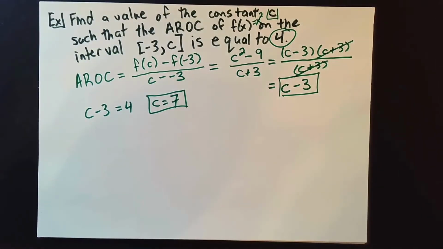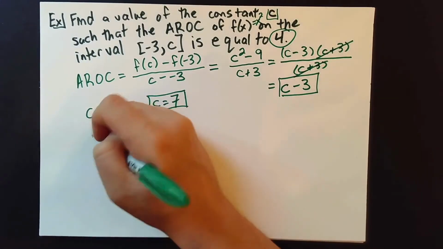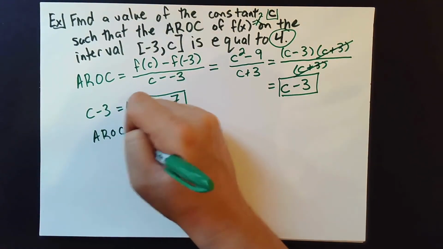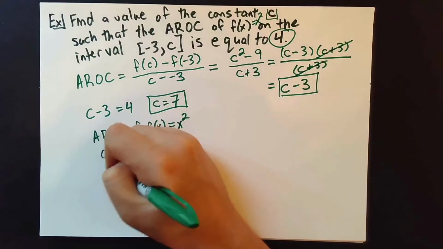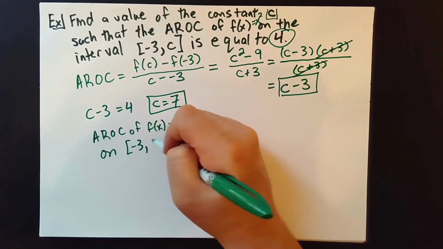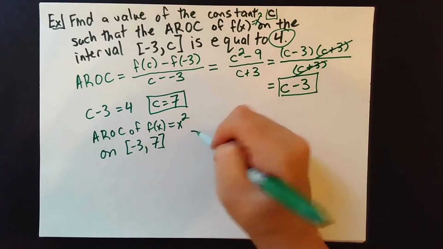If you want to check your answer here, you can find the average rate of change of f of x equals x squared on the interval from minus 3 to 7 and make sure it works. Okay.